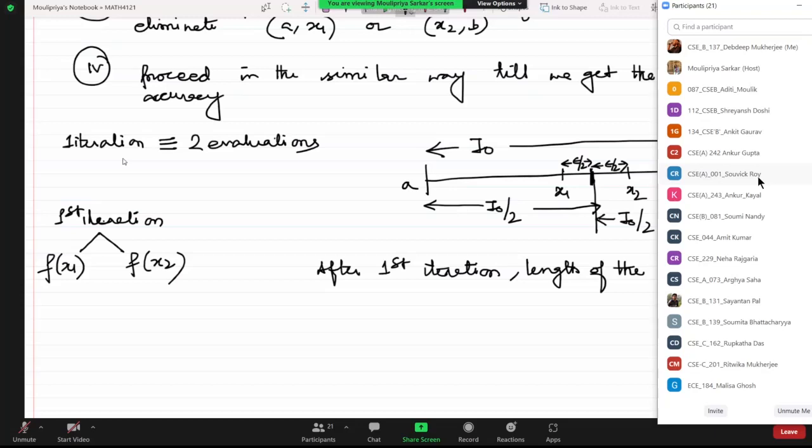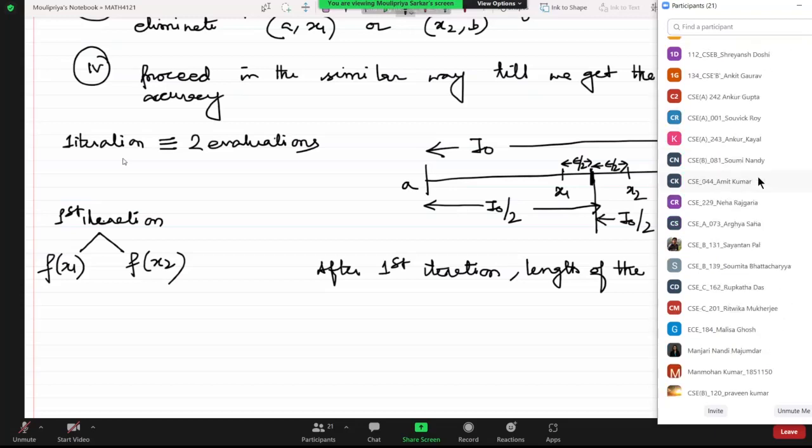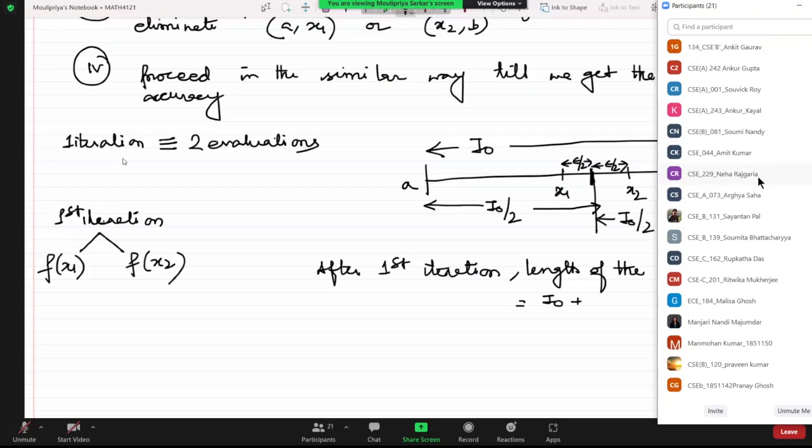Correct, very good. So after the first iteration, the length of the interval happens to be I0 plus epsilon by 2. Is everybody okay with this? Yes, ma'am. Acha.